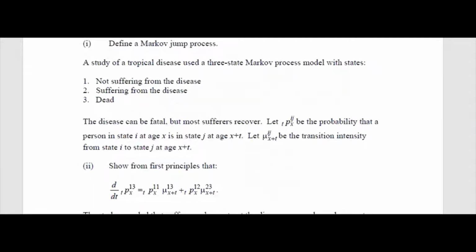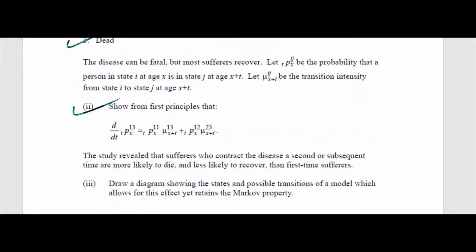This is the question. There are 3 states here: 1, 2, 3. Not suffering from the disease, suffering from the disease, dead. You have to derive from first principles that p_x,t 1 to 3 is equal to p_x,t 1 to 1, 1 to 3, or 1 to 2, 2 to 3. We'll derive that.